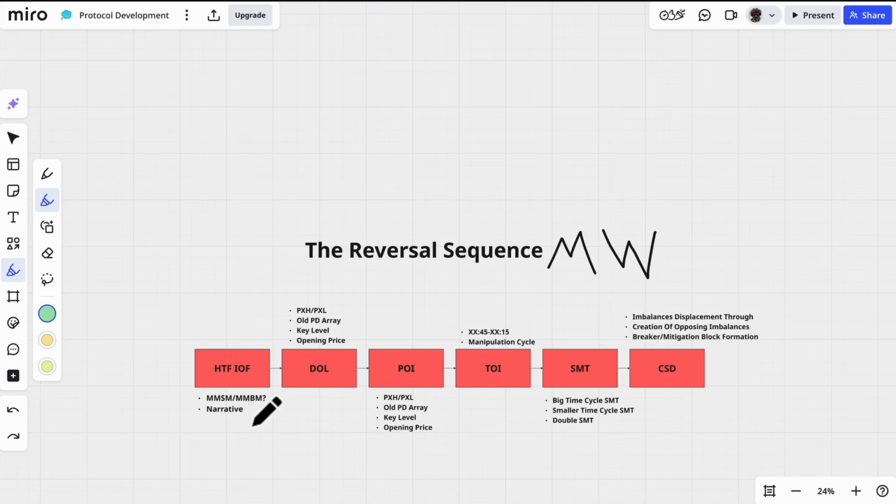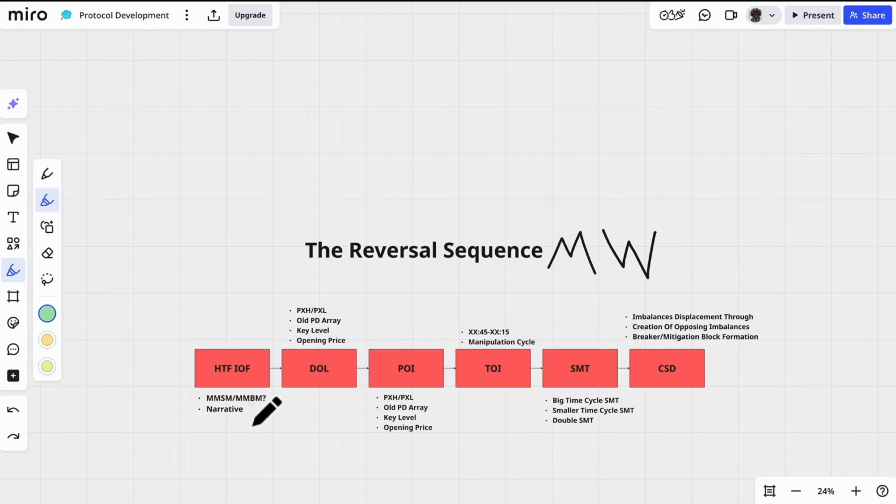Meaning, is price right now in a sell program or in a buy program on the highest possible time frames? And we're speaking about monthly delivery now, weekly delivery now, daily delivery now. Once you're able to define on the higher time frames where price is drawn towards, whether it is, for example, a sell program or buy program, this is direction, higher time frame institutional order flow, that's when we move on.